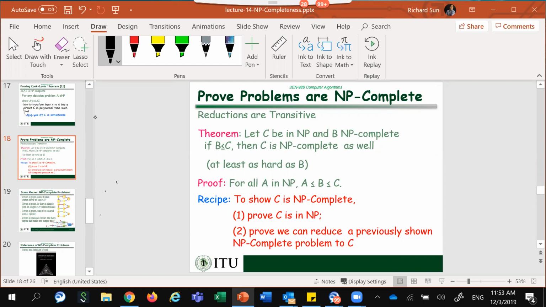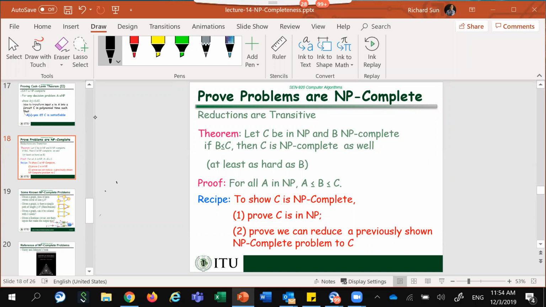The theorem is this: if C is polynomial time verifiable, meaning C is in NP, and B is NP-complete, and if we can prove that the NP-complete problem B is polynomial time reducible to the problem C in NP, then you can claim C is also NP-complete.